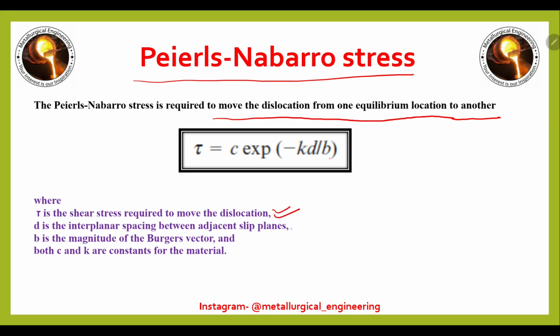D is the interplanar spacing between the adjacent slip planes. A slip plane means the plane of maximum planar density. B is the magnitude of the Burgers vector, and C and K are constants. You can remember this formula. You can get one numerical problem on this.